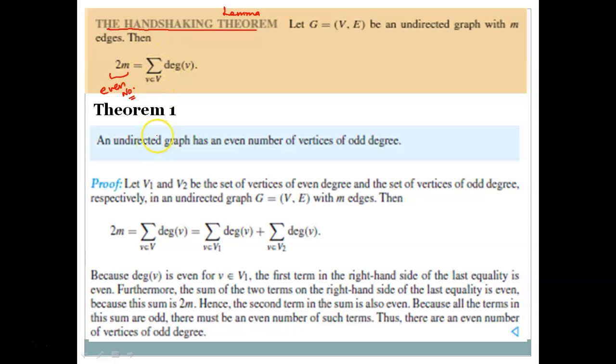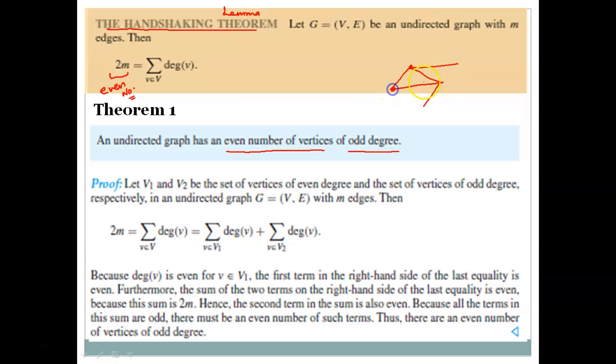Now we have one theorem. An undirected graph has an even number of vertices of odd degree. You just need to understand the statement. Suppose we have a graph like this.